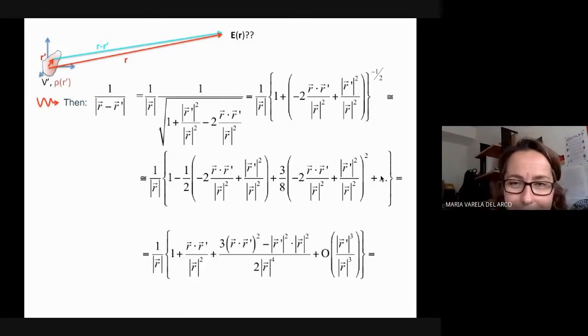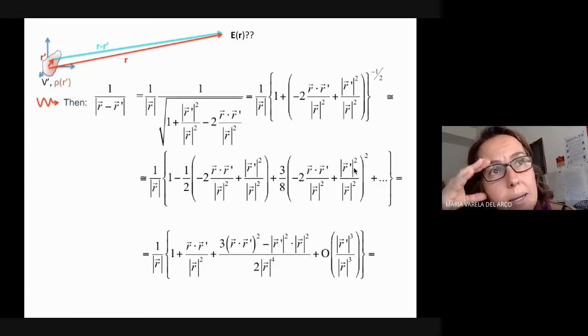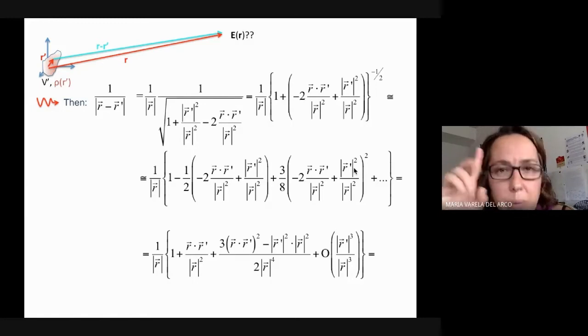And then if I actually operate and group these terms that I have here, you can try to do it at home if you want to, and I will put in the virtual campus for you some notes on the multipole expansion by a couple of professors in the University of Sevilla, with their permission, of course.